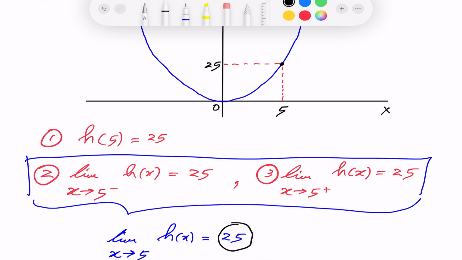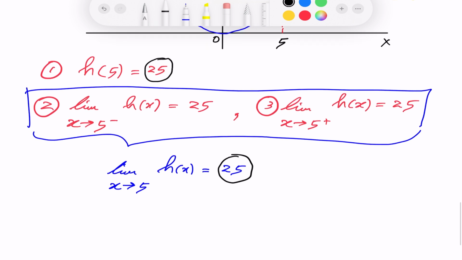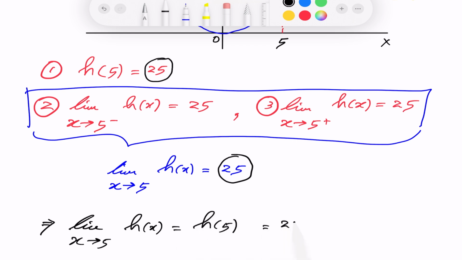And that value is also equal to the function evaluated at x equals 5. They are all equal to 25. Therefore, we can conclude this way. We write the limit as x approaches 5 of h of x is equal to h of 5. Of course, they both are equal to 25.